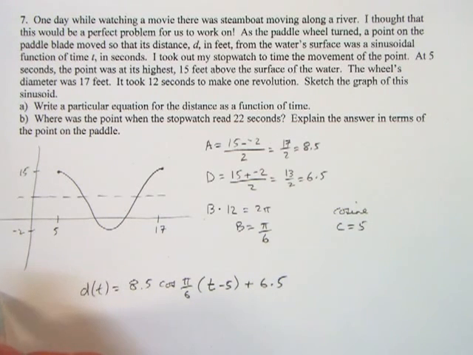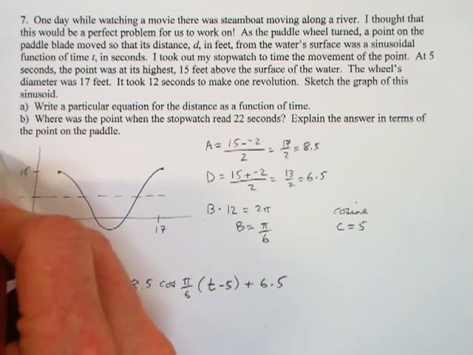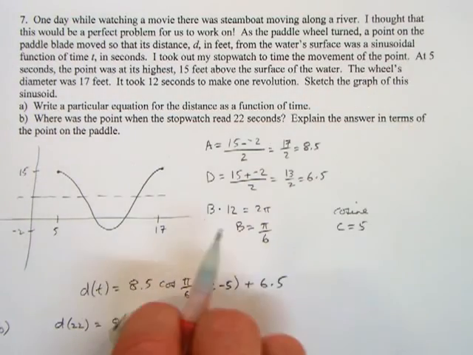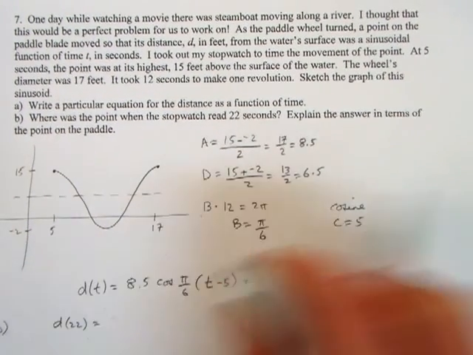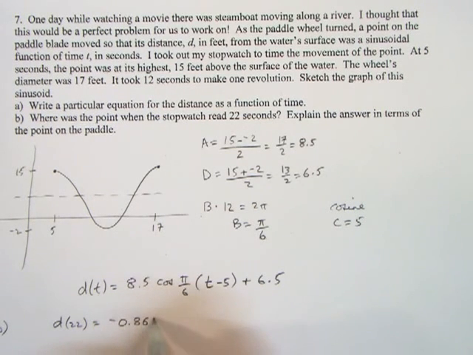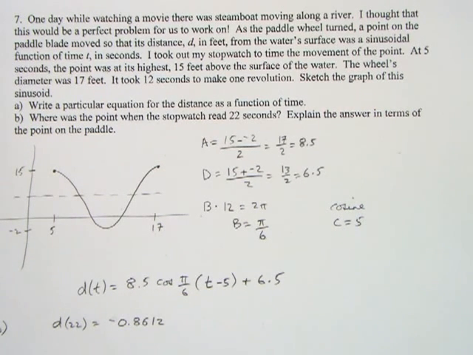And that's part A. But that's our equation. Now B asks us to find D of 22. So take out your calculator and type that in. And when you do so, you get negative 0.8612.